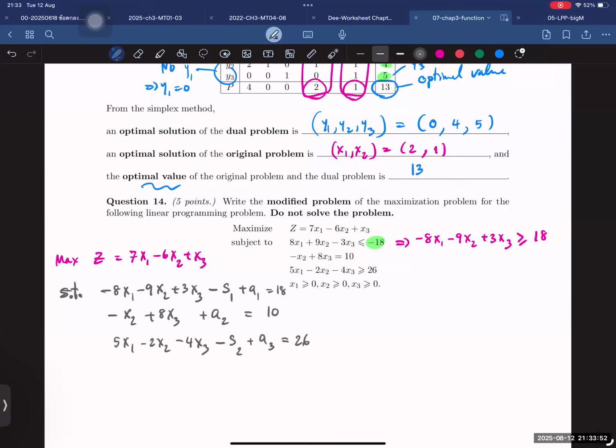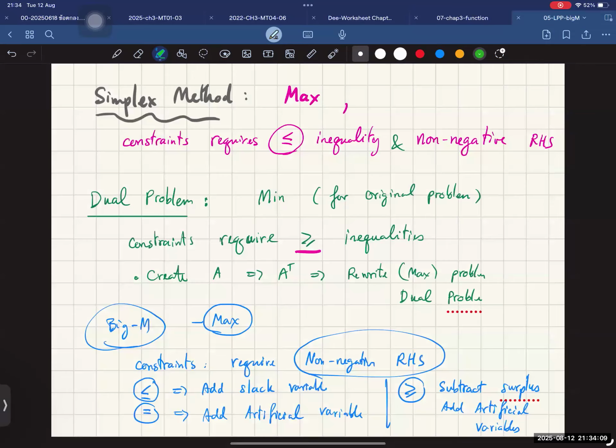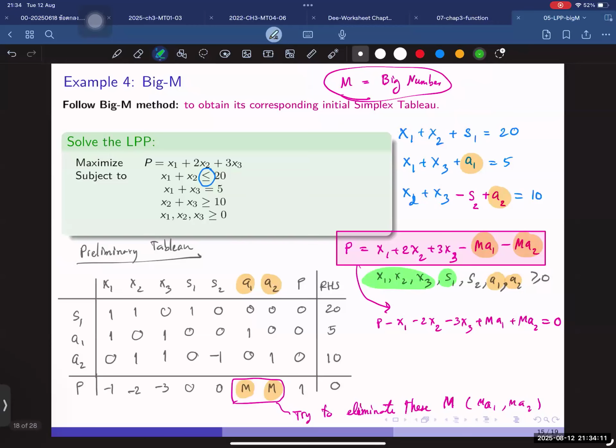Okay, so now the C should be modified, right? Because you have artificial A1, A2, and A3. So in the original problem, you have to add the big M. Let's see. We modify the problem. When you have the A like this, you're going to subtract it off in the original problem.